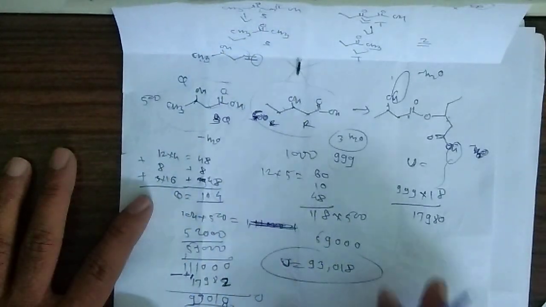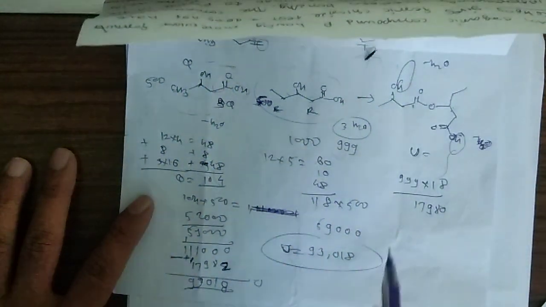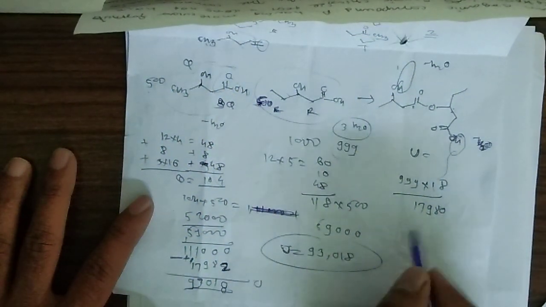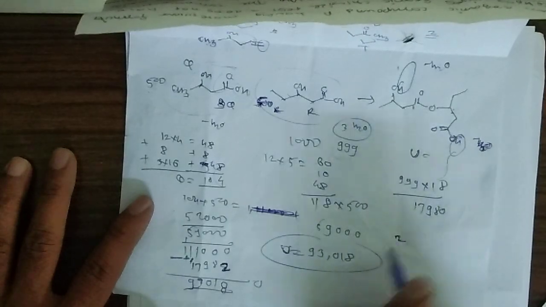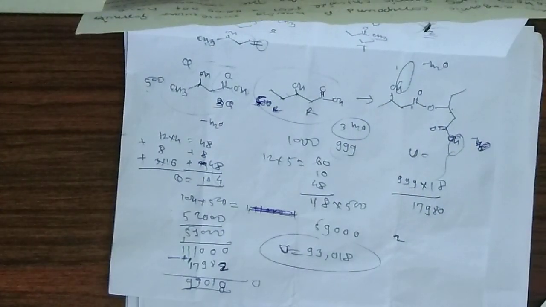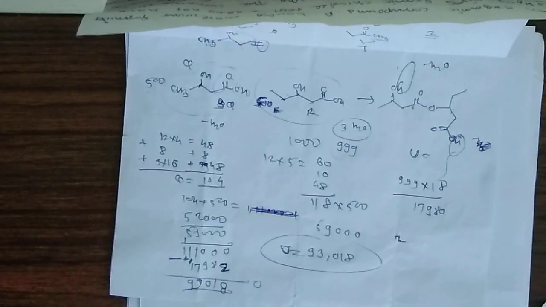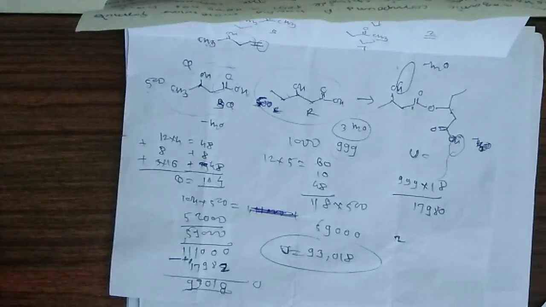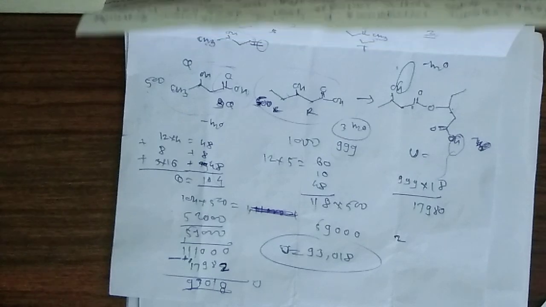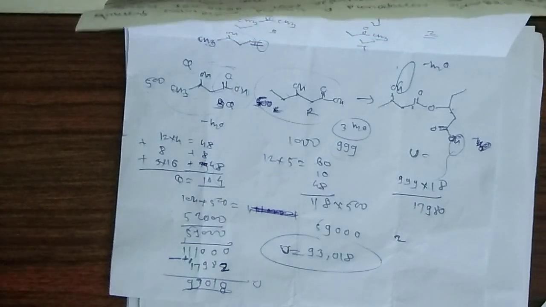This is the answer of the second sub-question, and the answer of the first sub-question is the total number of oxygen atoms in S and T. This is such a lengthy question, and it carried 12 marks.